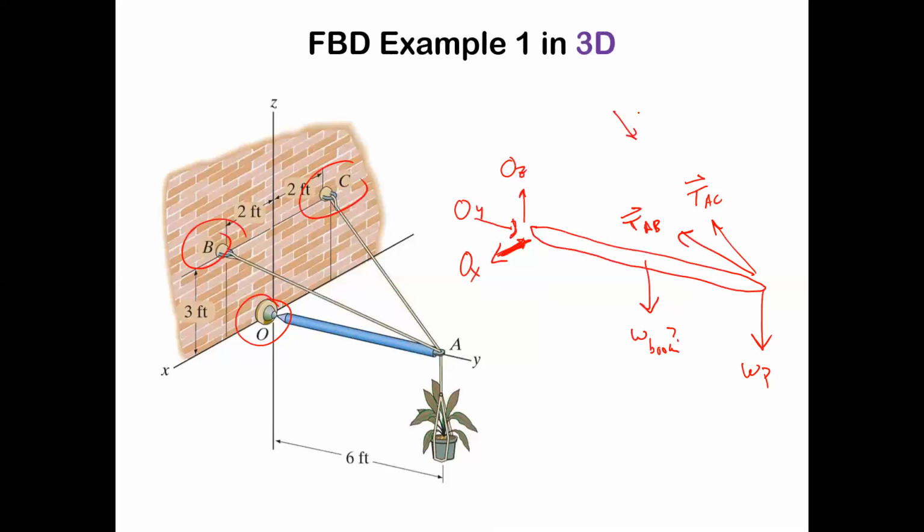So they don't actually give us any new unknowns that we need to worry about. Yeah, they are sort of fixed supports, but if this was something that we needed to analyze separately, like the forces on the wall or something, we might need to do that. But they don't really come into play with any new information that we need to worry about. So we don't bother putting them.